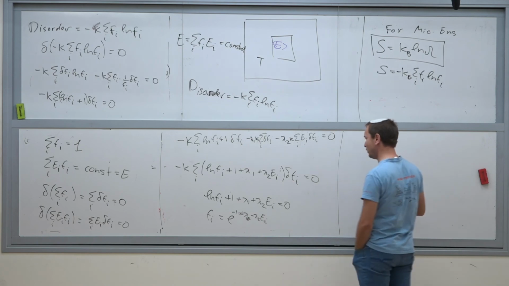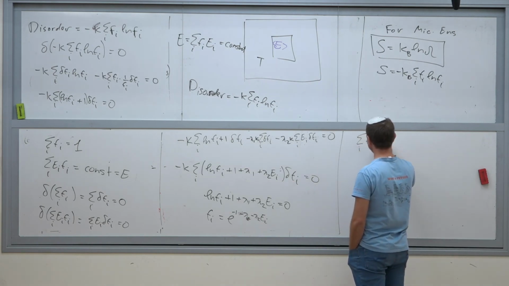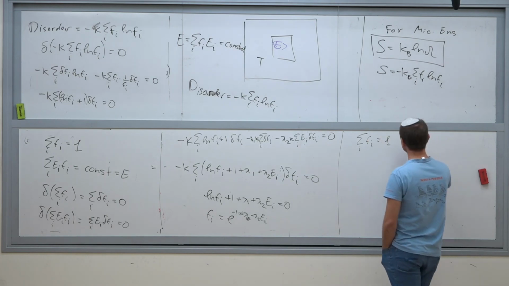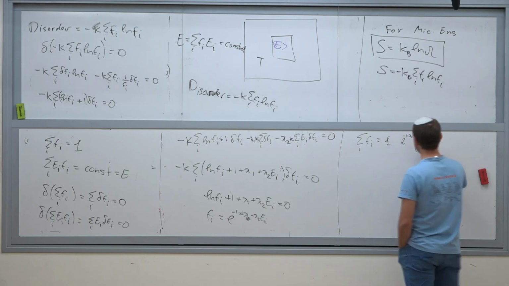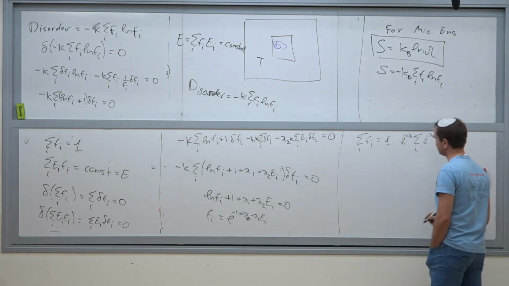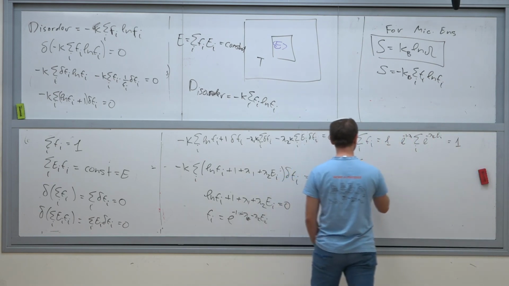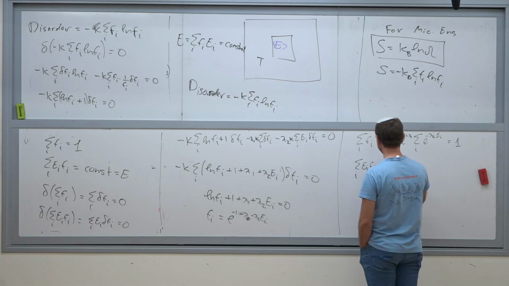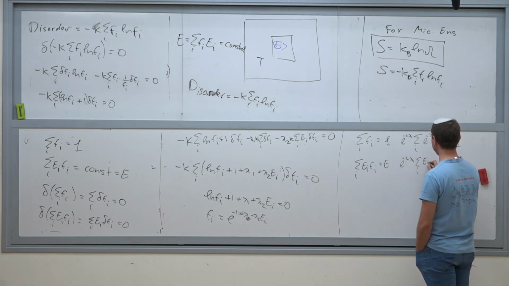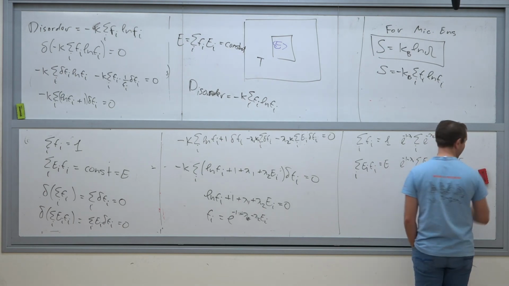Well, we know that the sum of I, fi equals 1, which basically says that the sum of I, e to the minus 1 minus lambda 1, e to the minus lambda 2 ei equals 1. And we know that the sum of I, ei, fi equals E, which basically says e to the minus 1 minus lambda 1, sum of I, ei, e to the minus lambda 2 ei equals E.